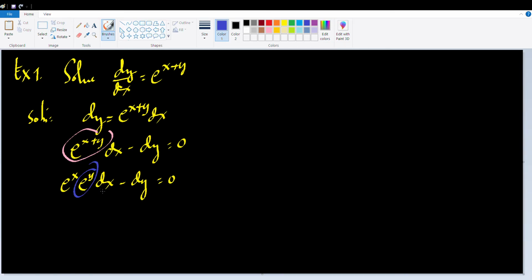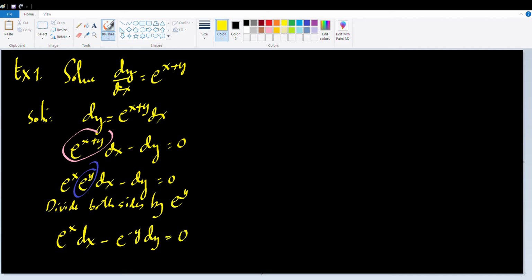So we want to get rid of e to the y, and it's simple. We just divide both sides by e raised to y. Doing so, we'll be getting e to the x dx minus dy over e to the y, or e to the negative y dy equal to 0.